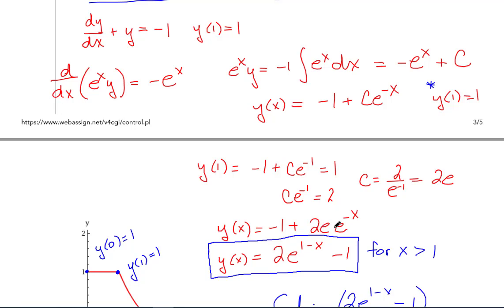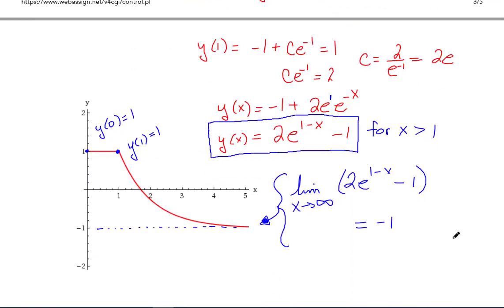If I plug that in, this is 2e to the 1, this is a 1 here, multiplied by e to the minus x. The exponents add. That's how I got to there. And so y of x is 2e to the 1 minus x, minus 1, and that's on the interval for x bigger than 1.